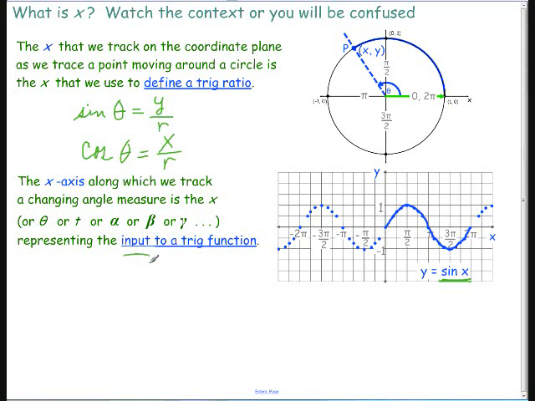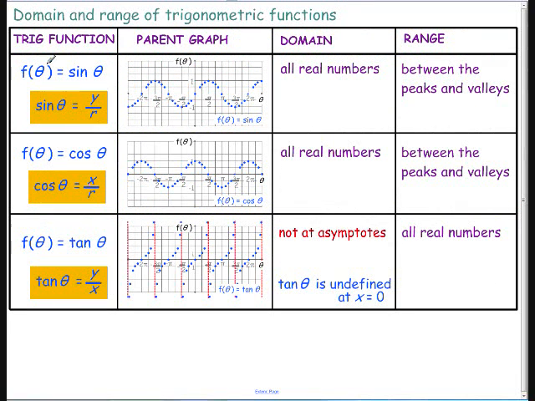So input to a trig function or defining a trig ratio. They're different. I know it confused me, so I'm assuming that it might have confused some of you. We're going to talk about domain and range. You've been there before in your algebra classes. We've got a function, which we're going to call f.